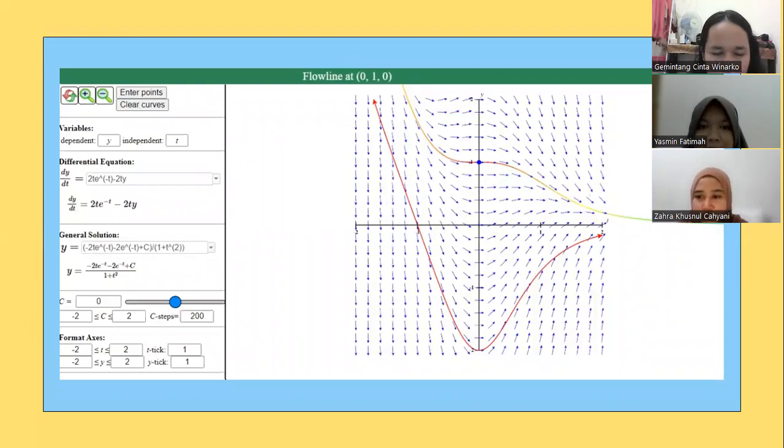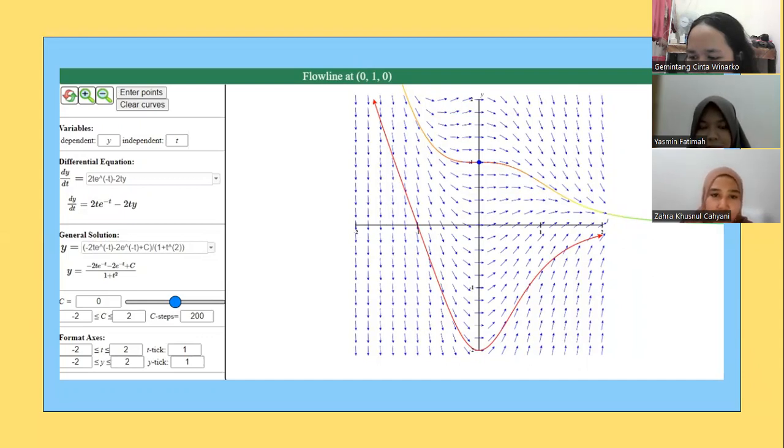Okay, this is the display of the web for finding direction field. In here, we can choose any point. For example, we choose t is equal to 0, and then y is equal to 1, and c is equal to 0. So we substitute the point into the y prime equals to 2t e the power of negative t minus 2ty, and then from that point we get here the blue point.